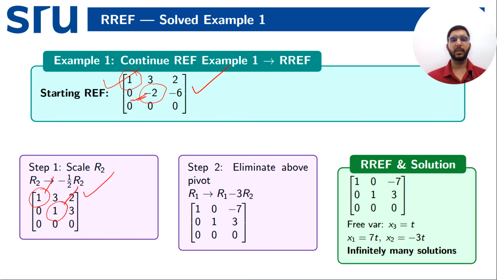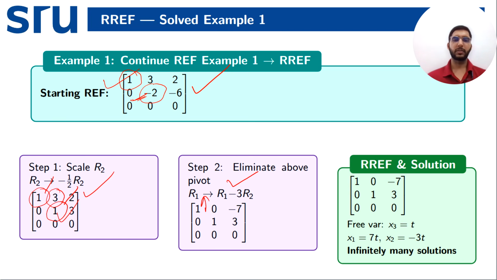How can we do that? In column 1 there is no entry above this one, so we need not change it. But in the second column we have this entry equal to 3. So on row 1, I'll apply the operation row 1 changes to row 1 minus 3 times R2.